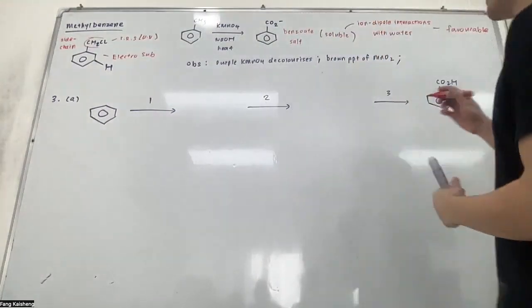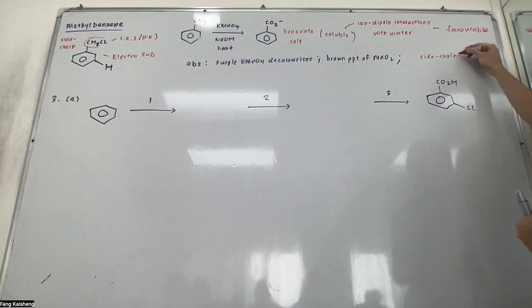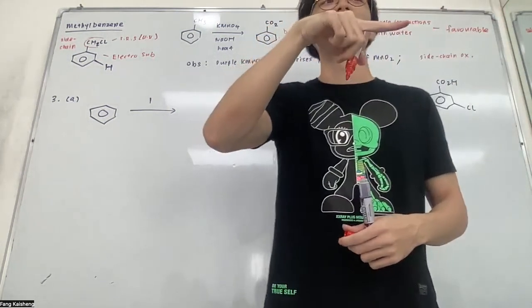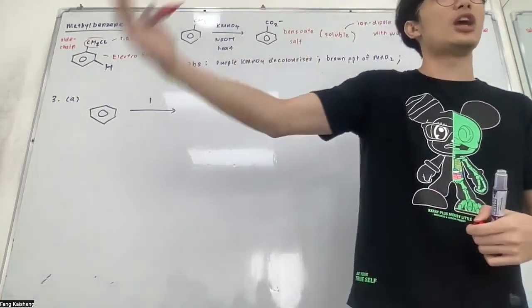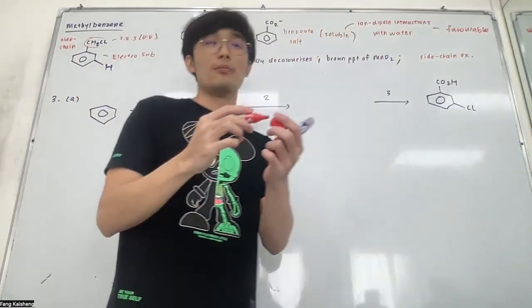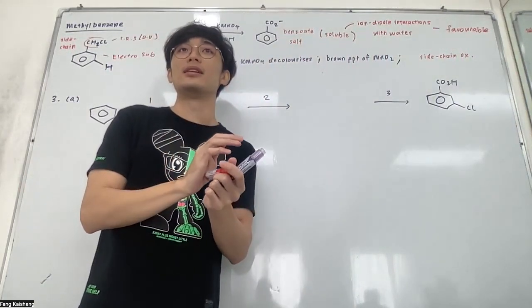So if side chain oxidation did happen, let's just write down all these reactions. For side chain oxidation to happen, you must first have a what? A methyl group, a side chain, right? You need to have a side chain. So guys, is there a way for me to place an alkyl side chain onto benzene?